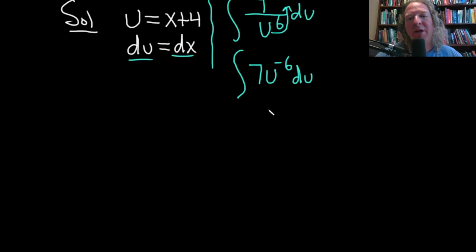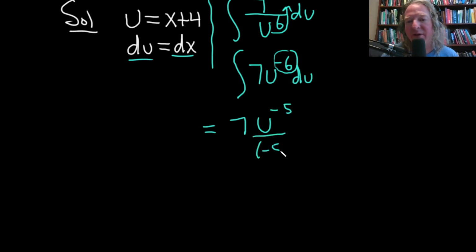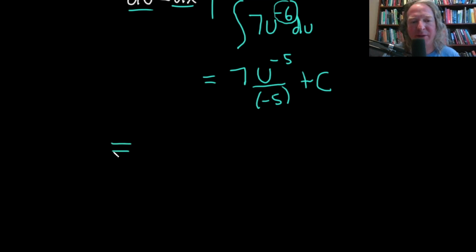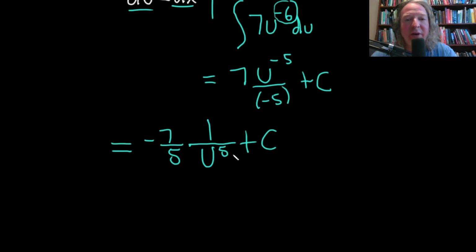Beautiful. Now we can apply the power rule. So this is equal to 7u, and then you take the exponent and add 1. So negative 6 plus 1 is actually negative 5. Then you divide by negative 5 plus our constant of integration, capital C. All right, so this is equal to, I'm going to come over here to the middle of the screen, negative 7 over 5. And then let's take this and bring it downstairs, 1 over u to the 5 plus C. However, we are not done, right?